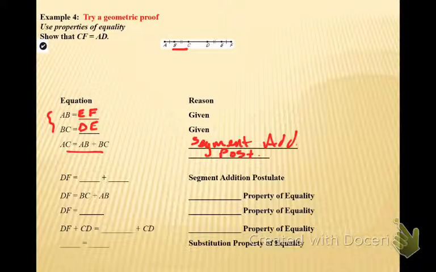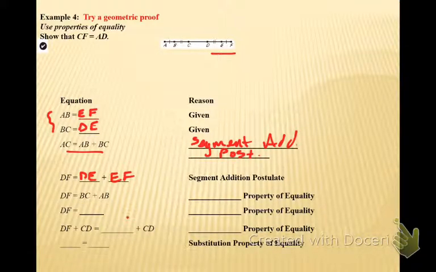Now again, I don't know if that's going to help or not, but I'm going to write it down because I know it's true. Okay? Well, if it's true for AC, then it's going to be true for DF as well. I can do the same thing for DF. I can say that DF is equal to DE plus EF, and use the same reason, the segment addition postulate.